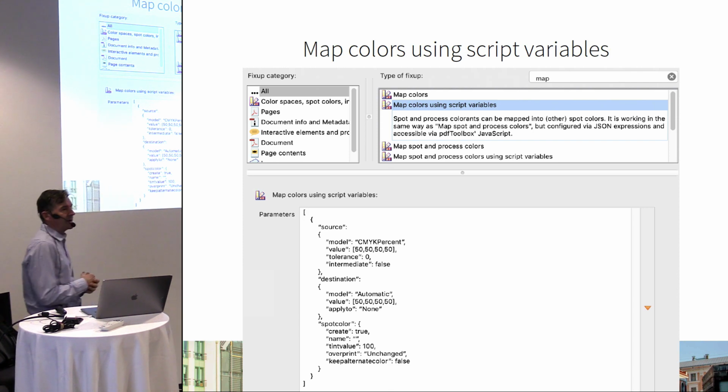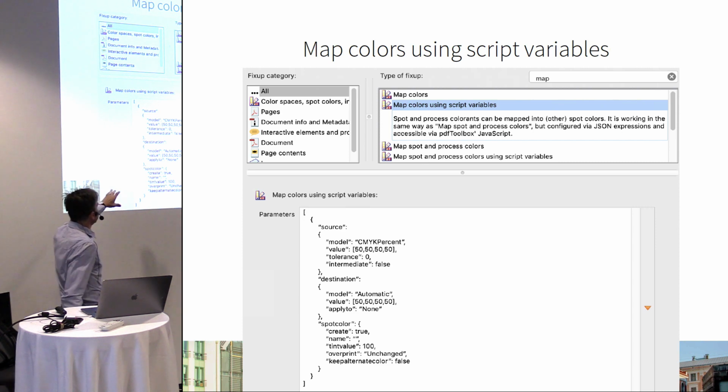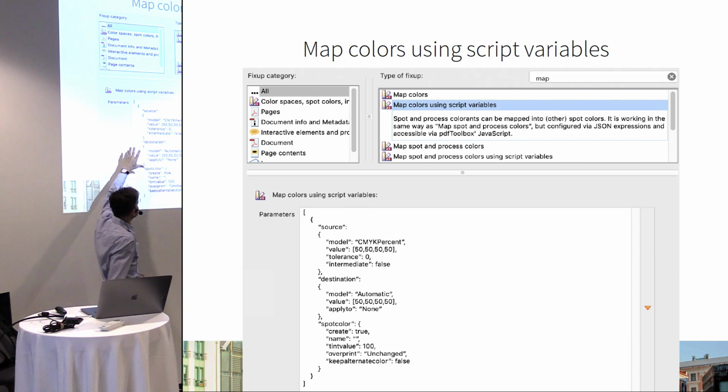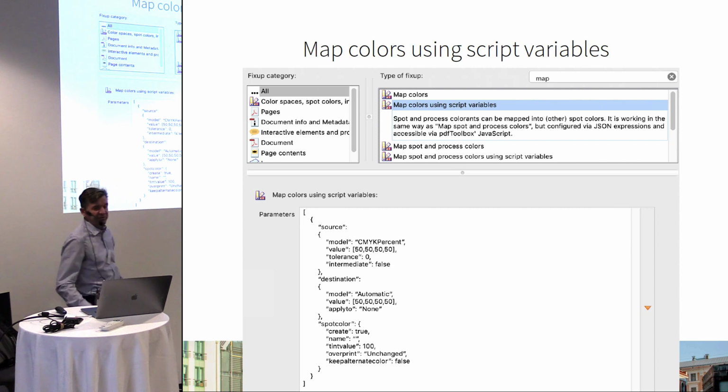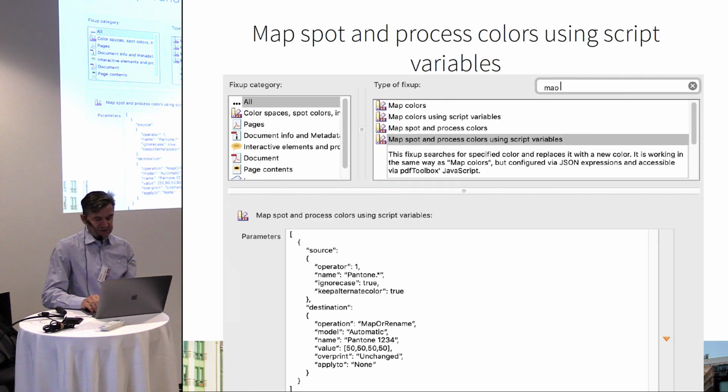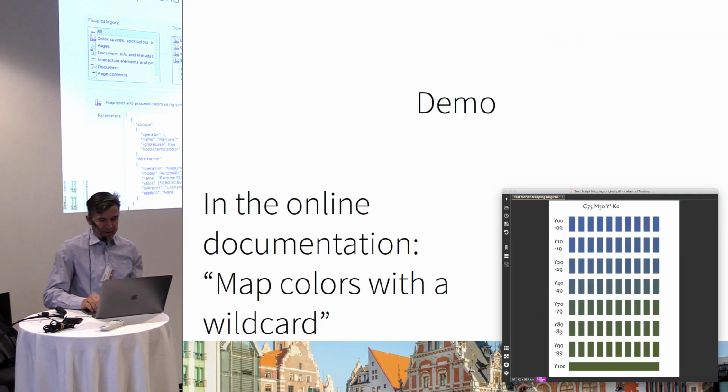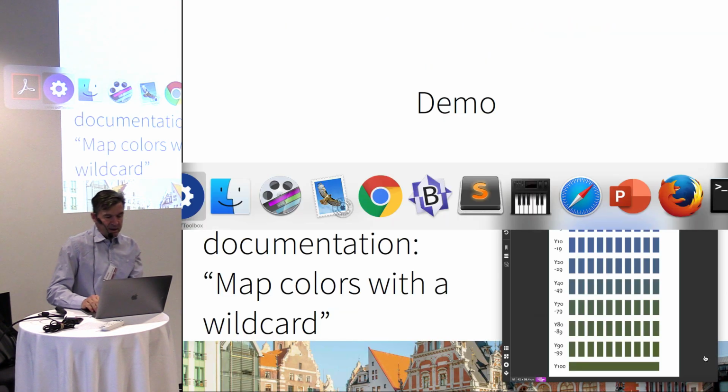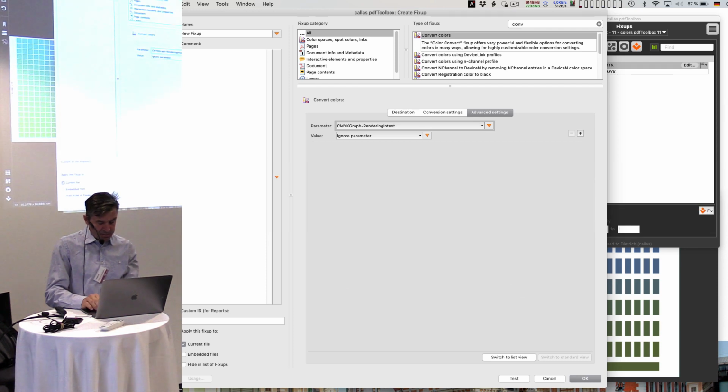Somebody who's using JavaScript can create such an entry in his script, or a number of such entries, and then control this new Fixup, map colors using script variables. And that is just the other one, same pattern here, and then we can have a small demo.